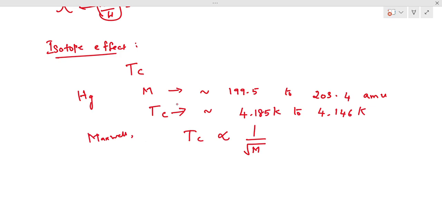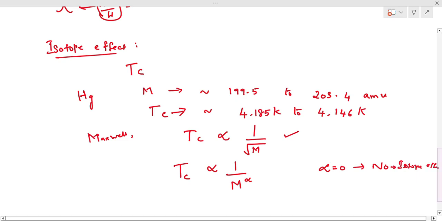If it is mercury, this is the value. The general relation is Tc is inversely proportional to M power alpha. If alpha is equal to 0, there is no isotope effect.